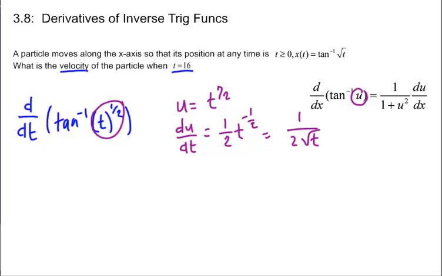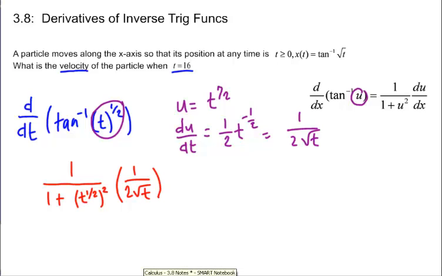So now just fill in the numbers here. I'm going to have 1 over 1 plus u squared, times the derivative of u. Multiply those out. What do you get?